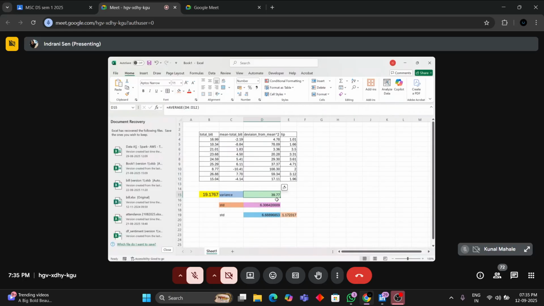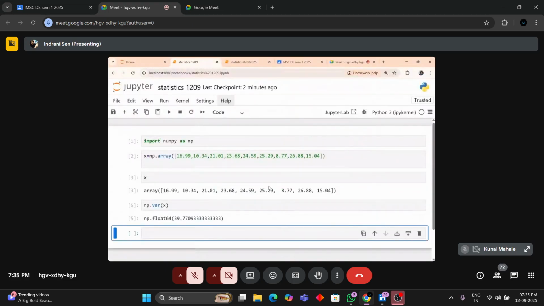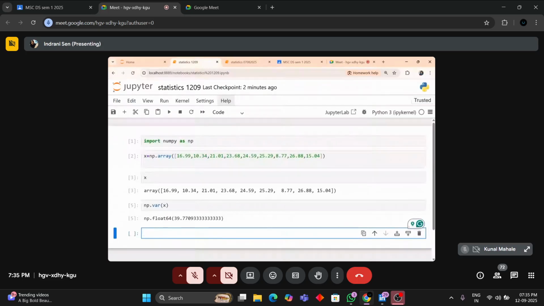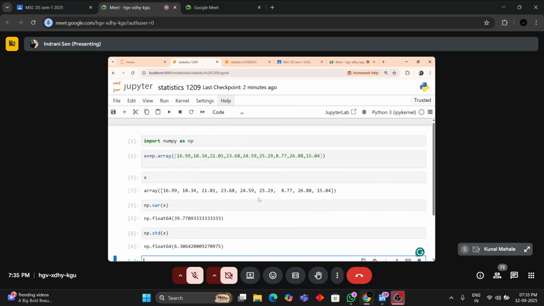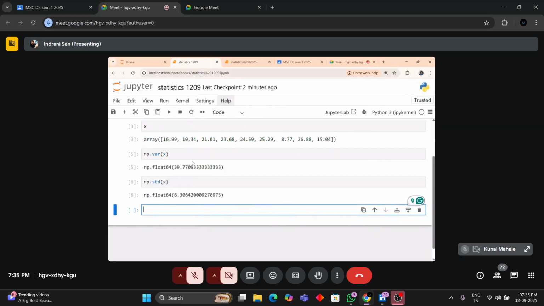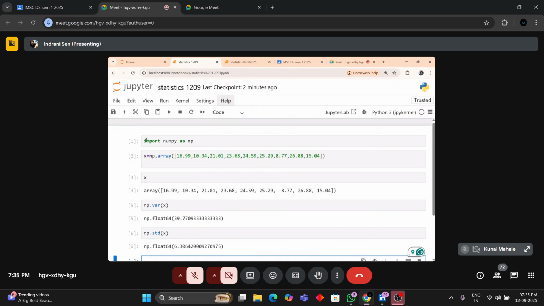You can see it's exactly the same as whatever we did, 39.77. Then standard deviation was 6.3. So np dot std, and 6.306. So you can see our value is absolutely matching here.